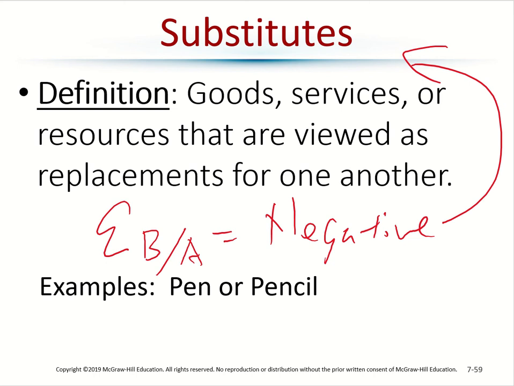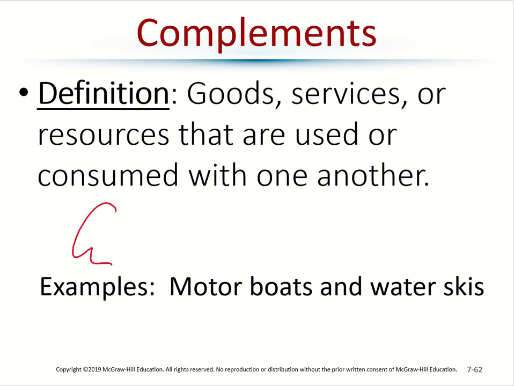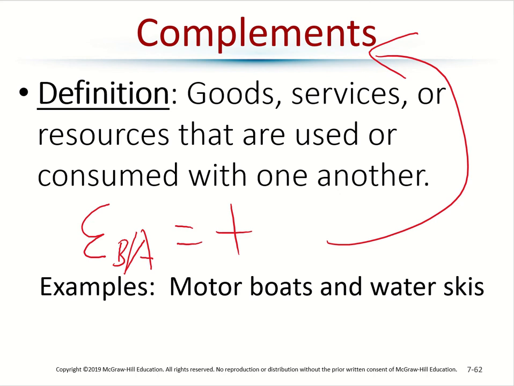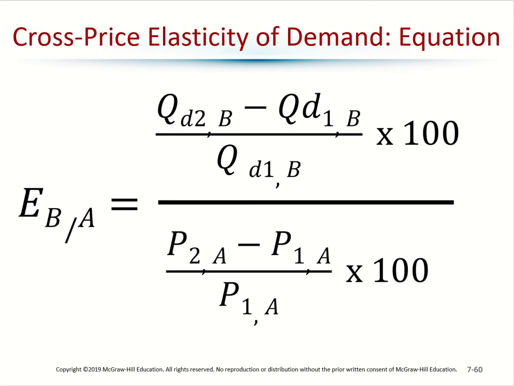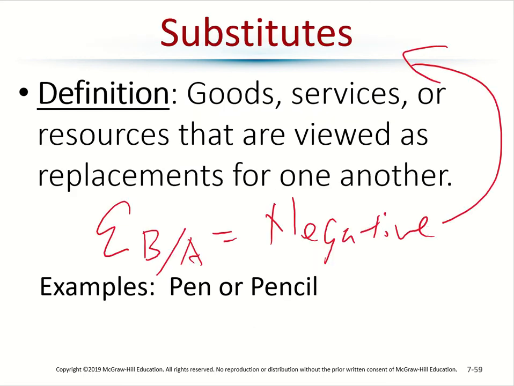But if your cross price elasticity is positive, this is called complements because we buy them together. Wait, did I do this right? I'm going to question myself now. Let me see. So let me think. So price increases. Sorry, guys, my mistake. This is reversed. And how can I teach when I'm messed up like this, right?